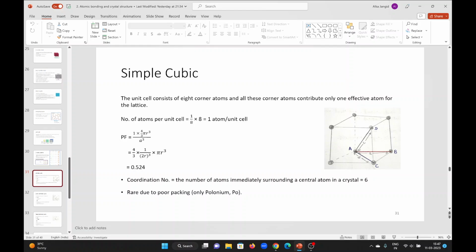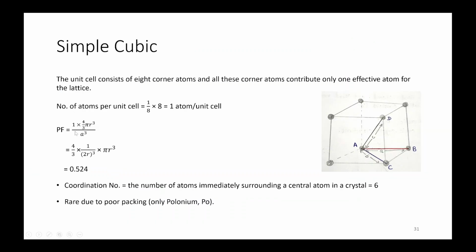We multiply it with the effective number of atoms divided by a cube. A cube is the volume of this unit cell. So for simple cubic, we can say that a is equal to 2r. So keeping a as 2r, when we calculate it, it will be 0.52 for simple cubic.